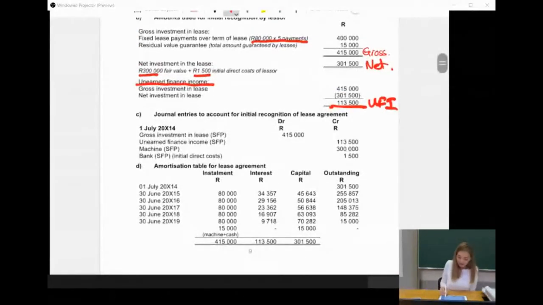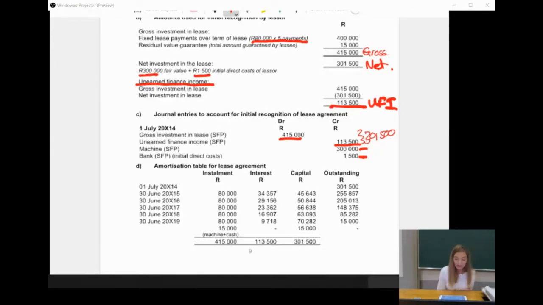Here we go. There's our gross investment in the lease, our unearned finance income. We said that the net of these two amounts is the 301,500 that we gave up on day one. So what is it that we gave up? We gave up the machine, so we have to take that out. Derecognize the machine. And then we also paid some initial direct costs, so we credited those back.